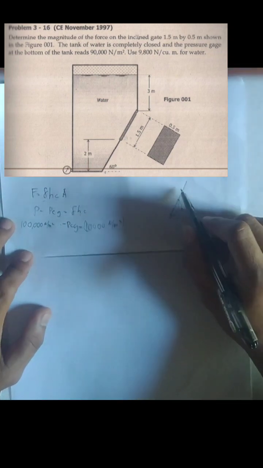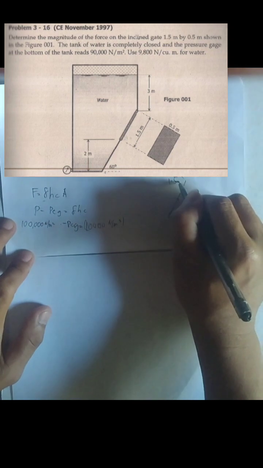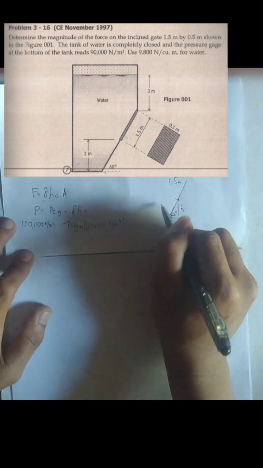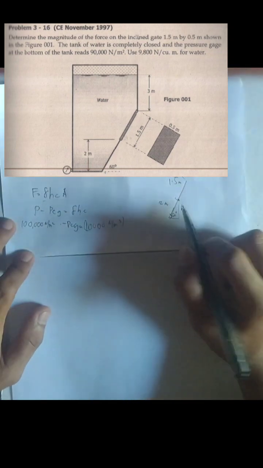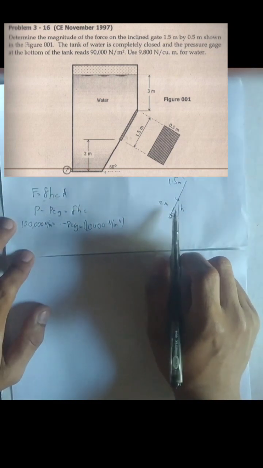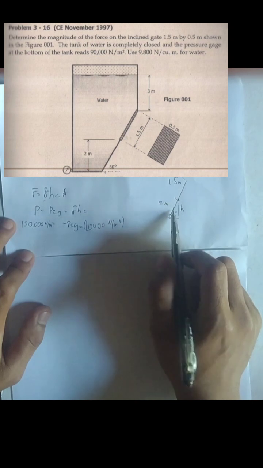The length from here is 1.5 meter, and here it is 2 meter. This is a right triangle, so we need the hypotenuse. To get that, we divide 1.5 by 2.